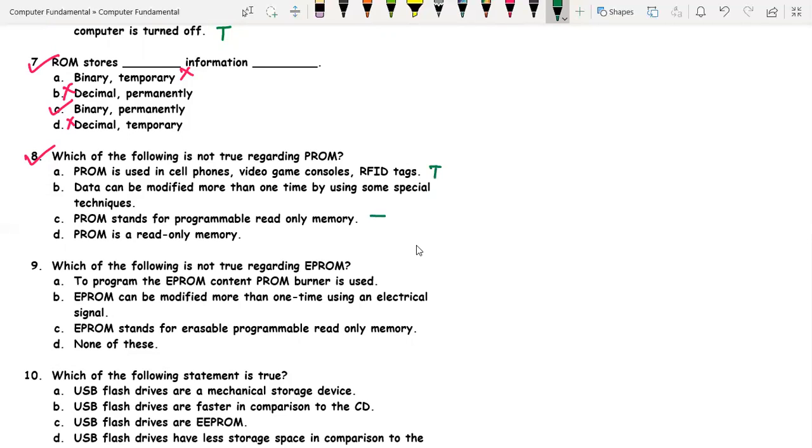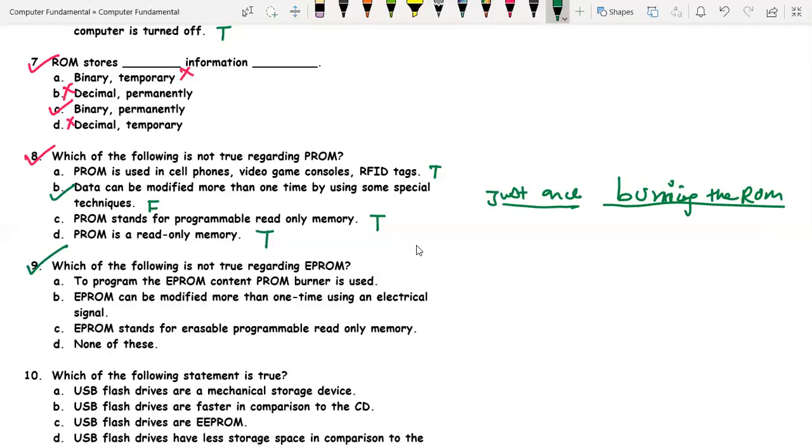PROM is a programmable read-only memory. That's also true. This statement is false. What is the correct statement? Data can be modified just once by using some special technique known as burning the ROM. A burner device. The process is known as burning the ROM, and it's just once, not more than once.